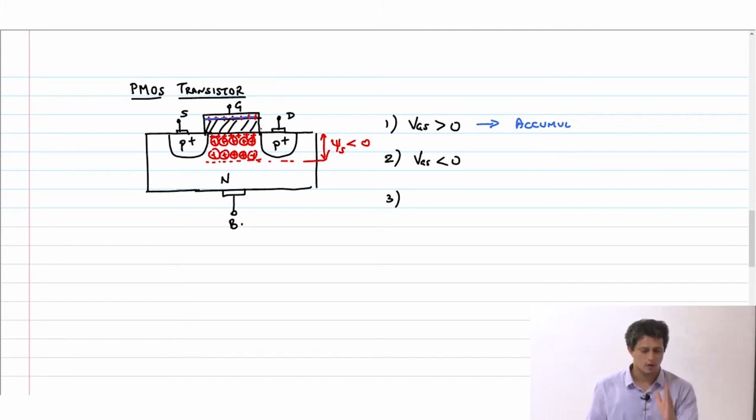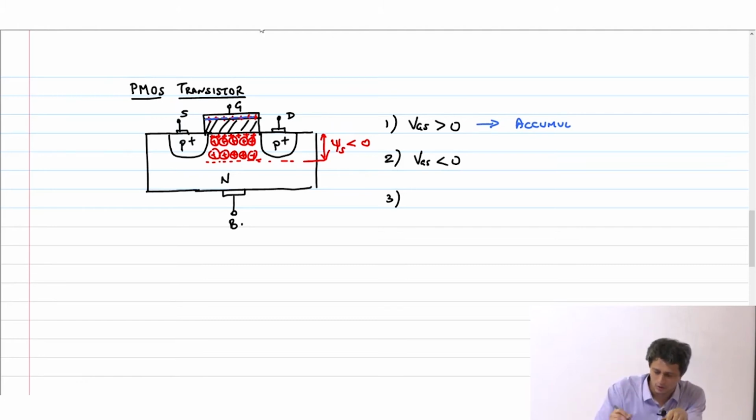The only important thing to note is holes are your charge carriers in PMOS transistors, while electrons were the charge carriers in NMOS transistors. So because holes are the charge carriers, current direction and charge direction is the same. Charges always flow from the source to the drain, that does not change. It's only the direction of current that changes between an NMOS and a PMOS transistor.